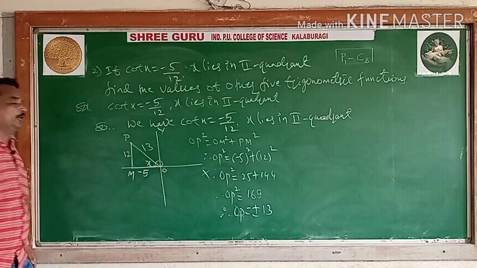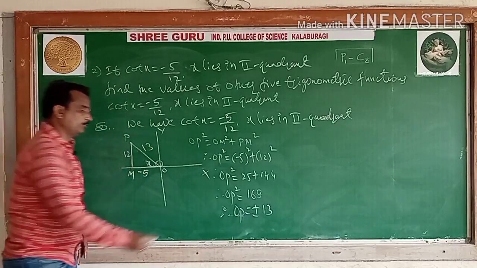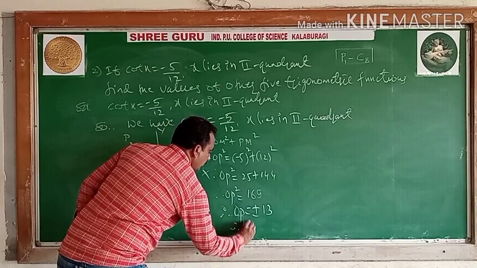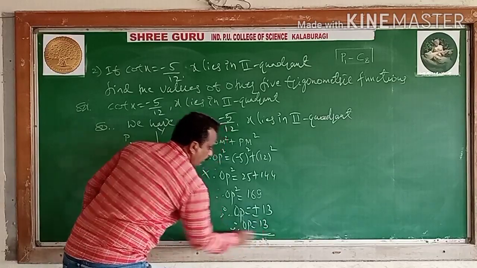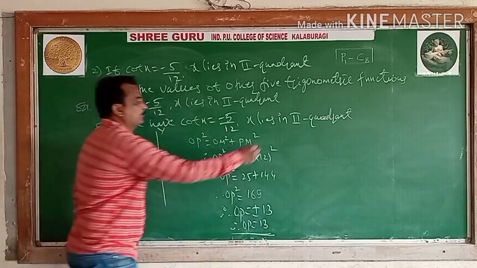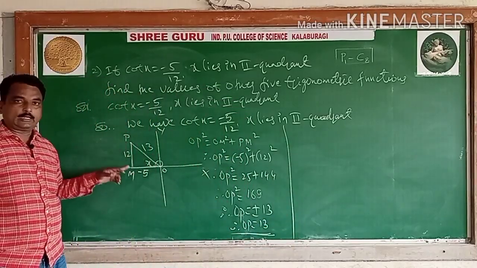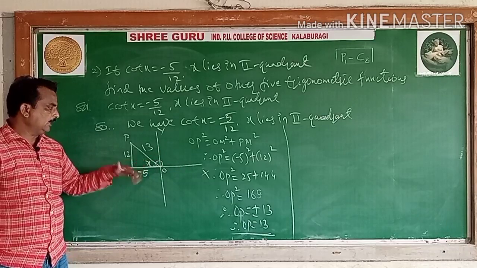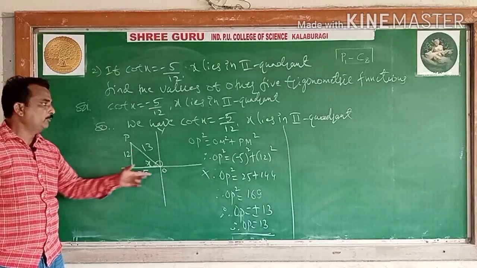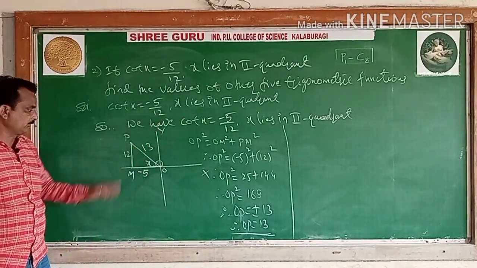The hypotenuse is always positive. Therefore, OP is equal to 13. So now, after getting all three sides of the right angle triangle, you may find the other trigonometric functions one by one.